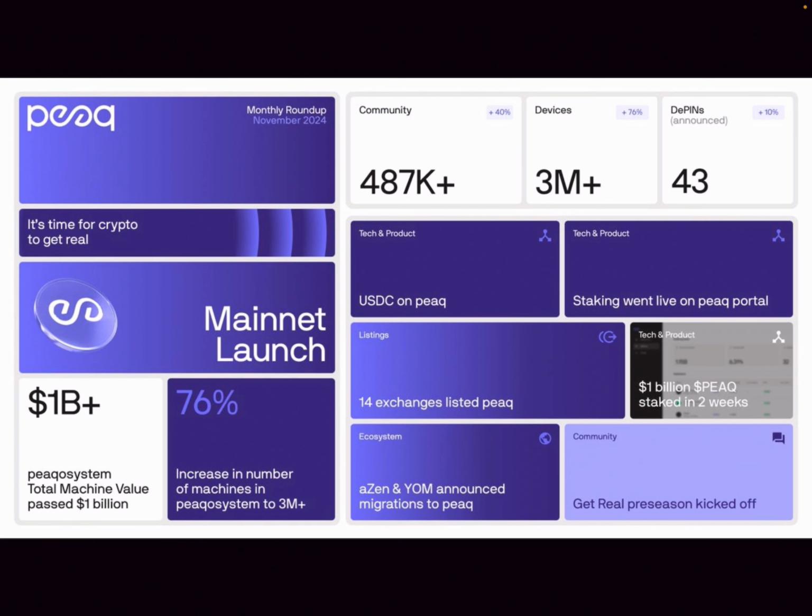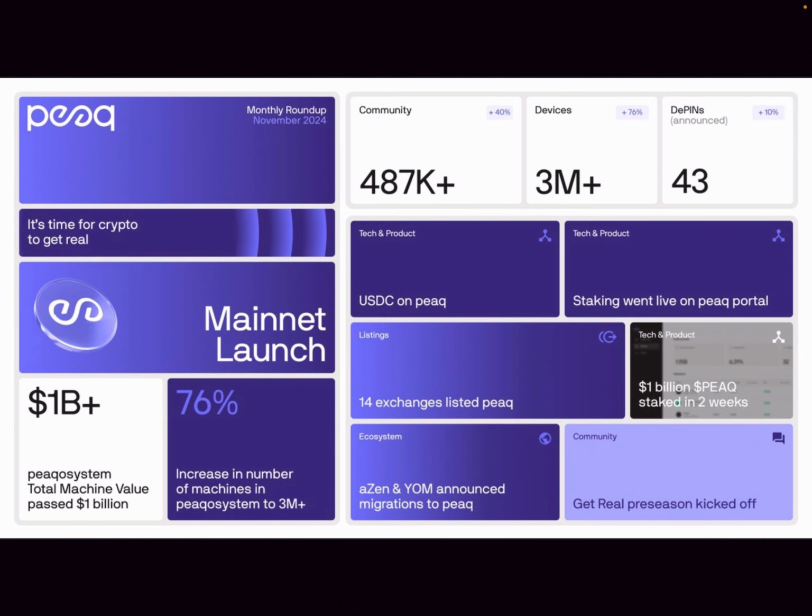Now, when Binance and Coinbase starts to support Peaq ecosystem, nobody's gonna care about tokenomics then. You understand? Nobody's gonna care about tokenomics. What's gonna happen is gonna happen.